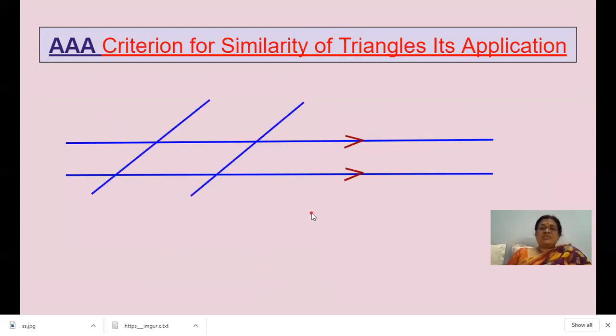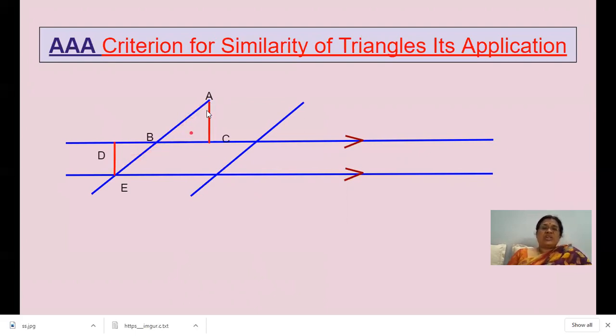I will draw some triangles using this. I have taken these parallel lines for your clear understanding. These two transversals cut the parallel lines, and when I join like this, two triangles are formed.